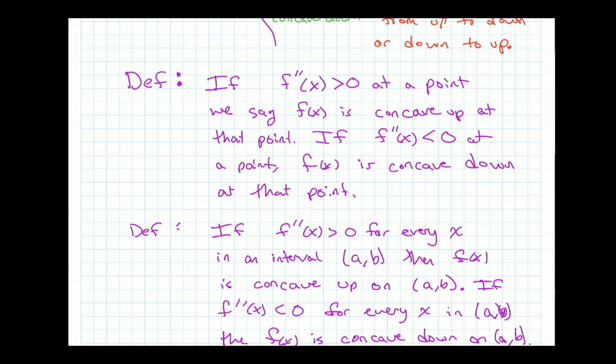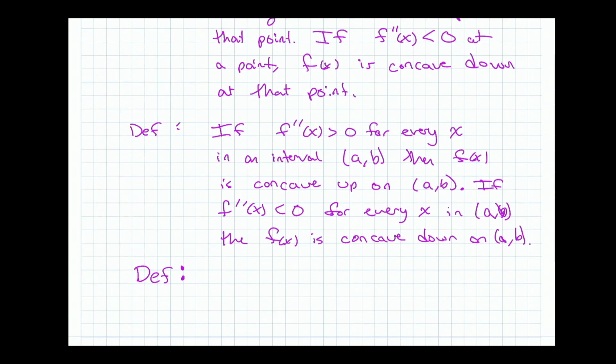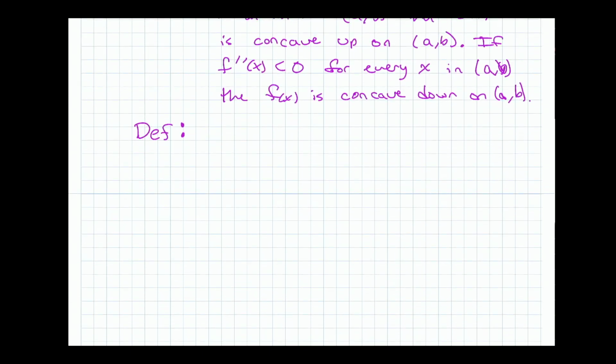Positive means concave up, negative means concave down. So if you're looking for an inflection point, you're looking for an x value where on one side the second derivative is positive and on the other side it is negative. So let's write that.